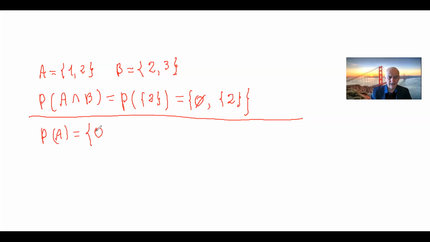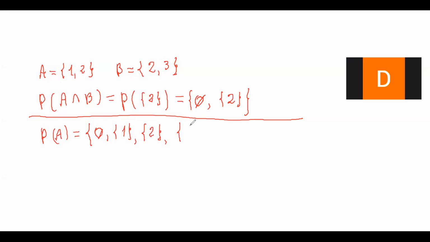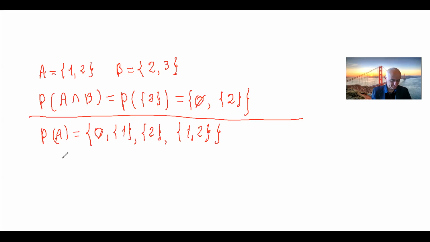So we have here the empty set, the sets with one element, {1} and {2}, and the set {1, 2} itself. Any questions?